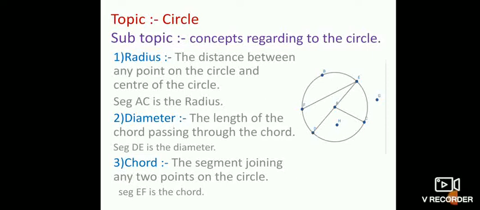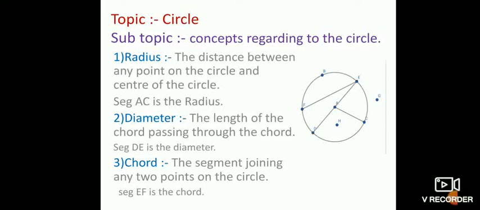Now we can see the interior part and exterior part of the circle. We know that the points E, F, C and D all lie on the circle.